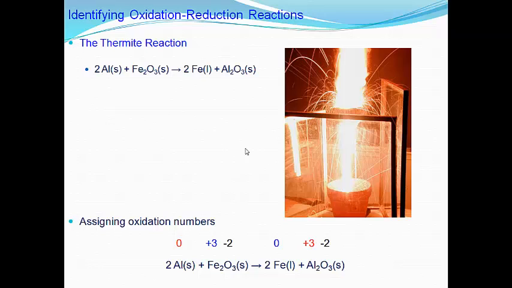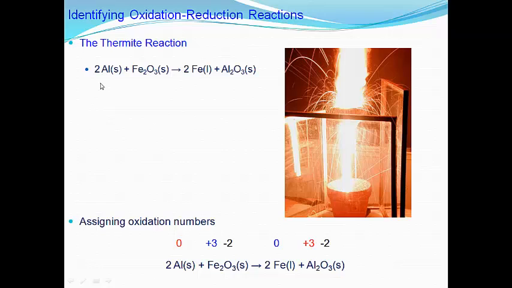Now, the Thermite reaction essentially is a very spectacular reaction. As seen from this diagram, it looks pretty much like a fireworks type of process, and it essentially involves the reaction of aluminum solid and iron 2 oxide or iron 3 oxide to give us iron in its molten state and aluminum 3 oxide.